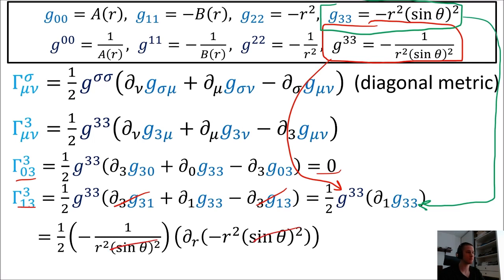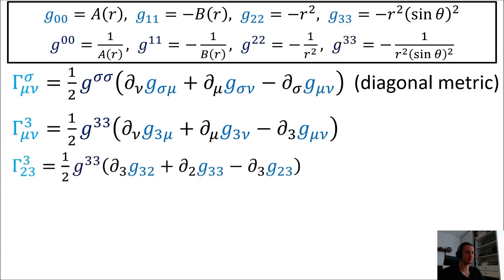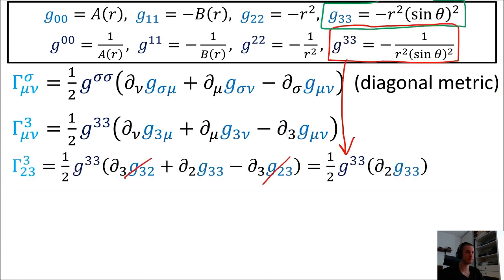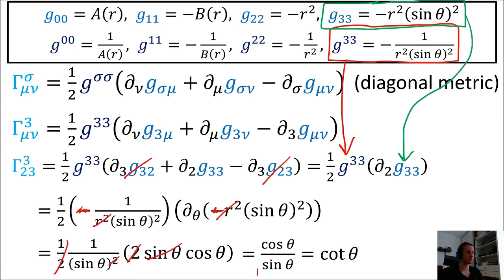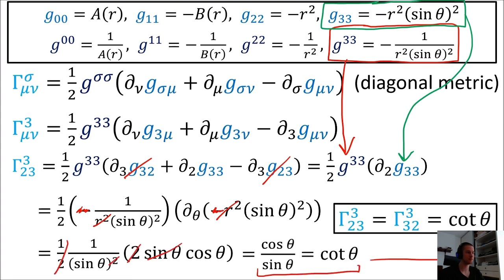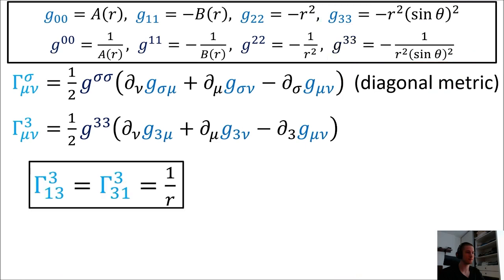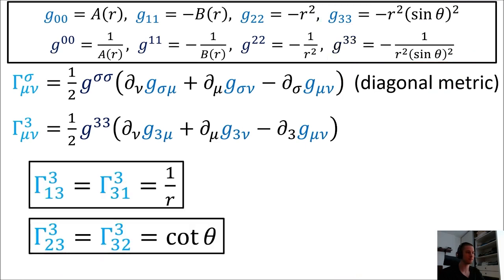Canceling sine squared and churning through the derivative and algebra, we get 1 over r. For 2, 3 on the bottom, g3, 3 depends on theta, and canceling r squared and working through gives us cosine over sine, which is the definition of cotangent. All the other mixed lower indices go to 0.